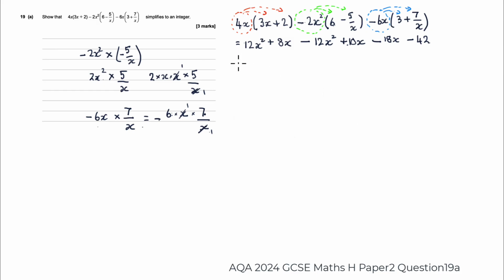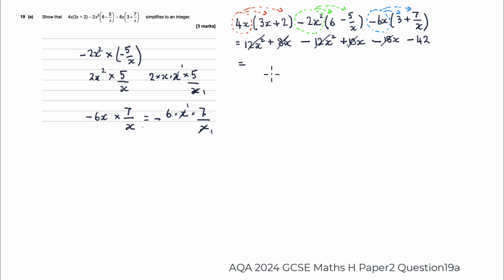So it's negative 42 over 1, which is just negative 42. So far so good. Now, what have we got? We've got 12x squared minus 12x squared. That cancels. We've got 8x plus 10x. That's 18x. And look, there's a minus 18x, so the x's cancel. Now, not a lot left.